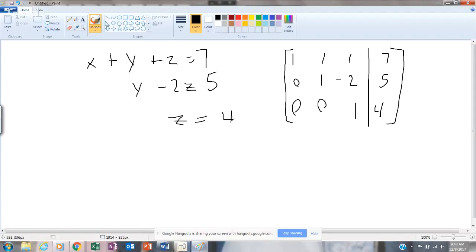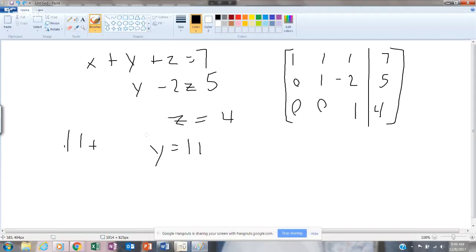And then plug z into this equation. So then we get y equals 11. And then 11 plus 4 plus x equals 7.